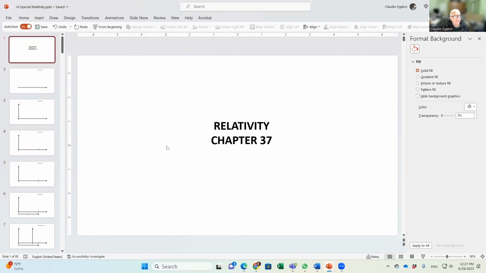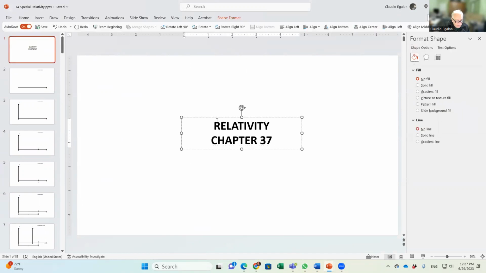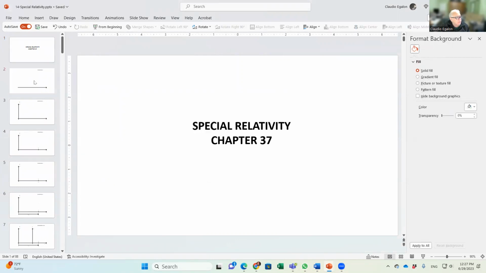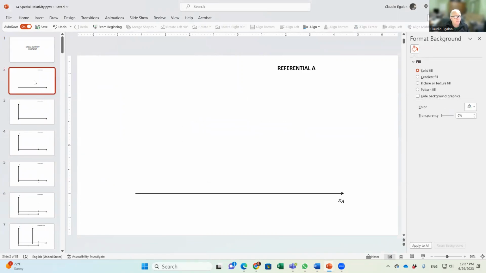The lines, relativity, special relativity. It is special relativity because it deals with uniform motion. That's why it's called special relativity. Only objects moving with constant velocity or inertial frames of reference, okay? So let's review Galilean transformations before we get into Einstein's special relativity.